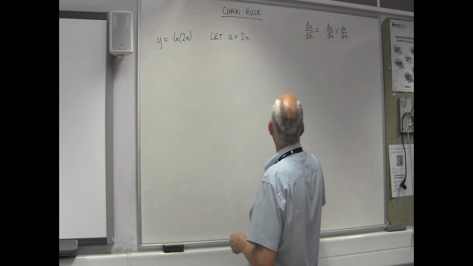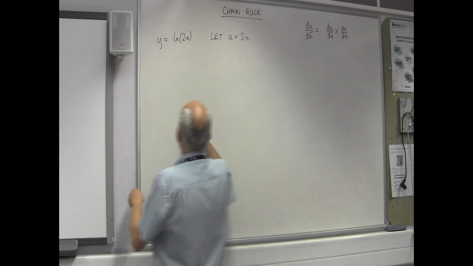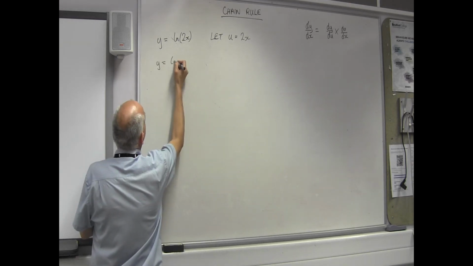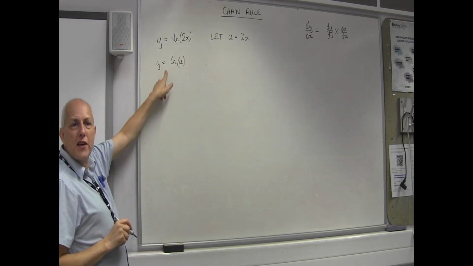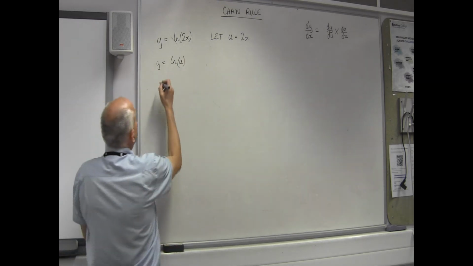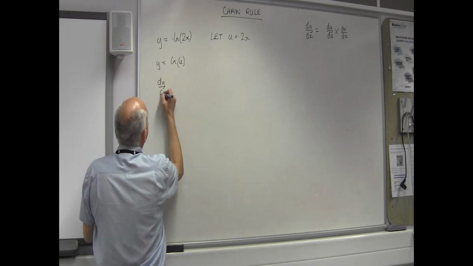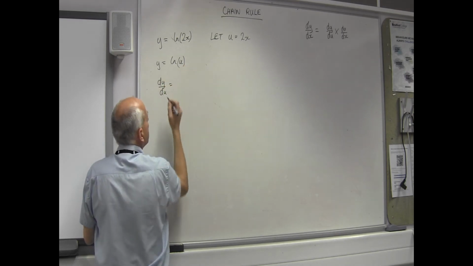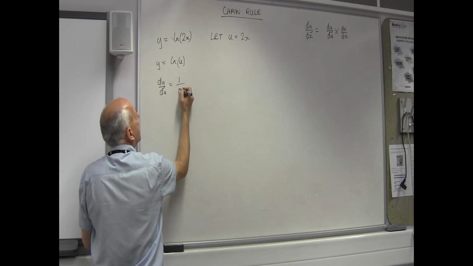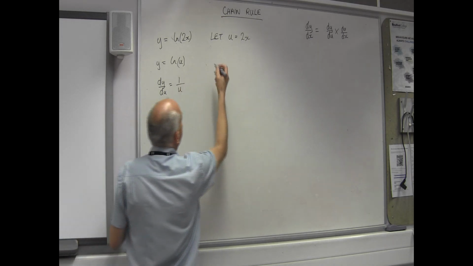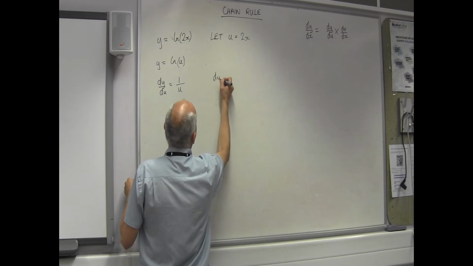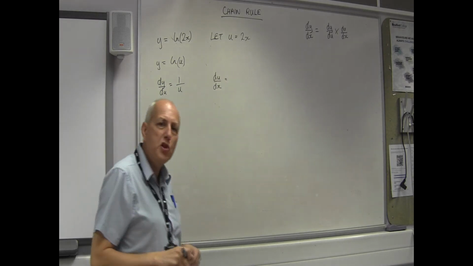Okay, so now I'm going to apply my formula. So now y equals log of u. And you know the derivative of log of x, which is a u: dy/du, let's use my variable, is 1 over u. Another bit, du/dx. What's the derivative of 2x?